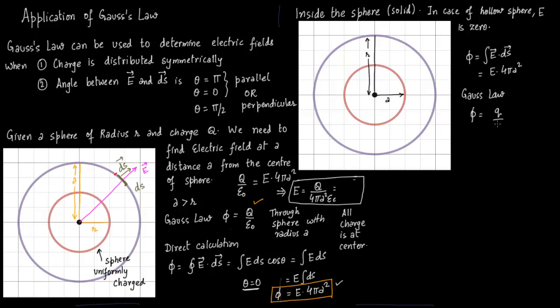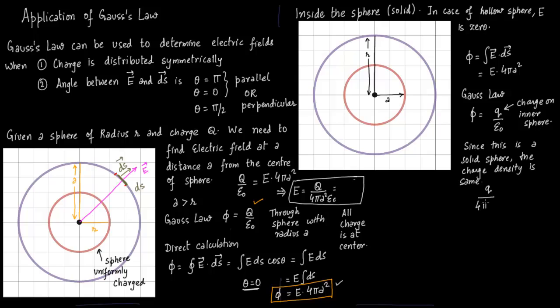So the Gauss's law says that the flux will be equal to q over epsilon 0. Now I'm using small q. Now this small q is charge on the inner sphere. So since this is a solid sphere and we assume it to be a conducting sphere, this charge is distributed symmetrically. So first condition of Gauss's law is satisfied.